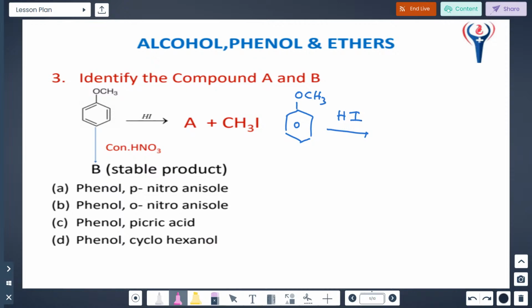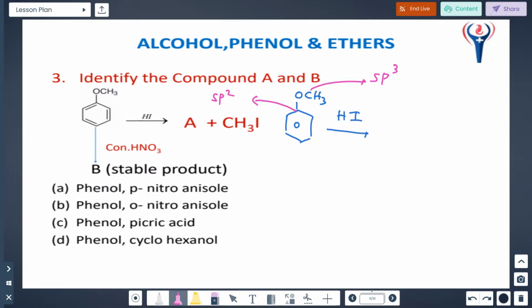Iodine prefers only this carbon or this carbon. This carbon is nothing but an sp3 carbon, and this carbon is nothing but an sp2 carbon. Iodine always prefers only the sp3 carbon.